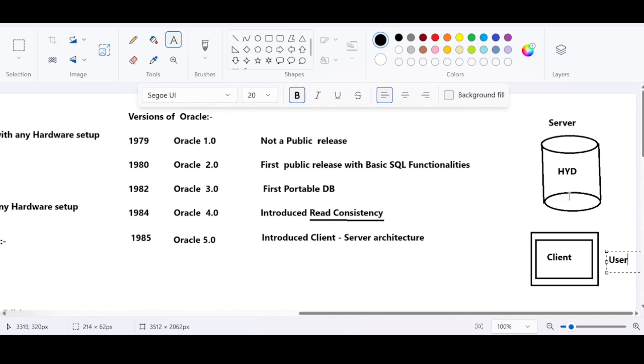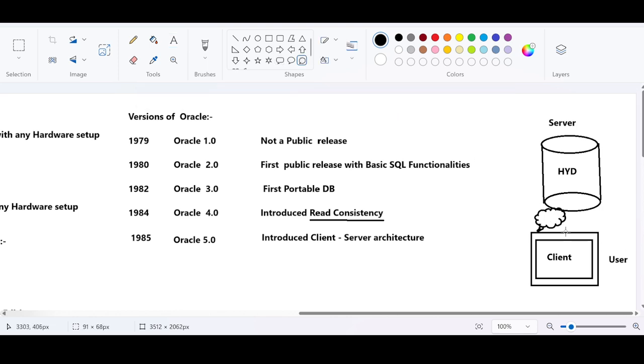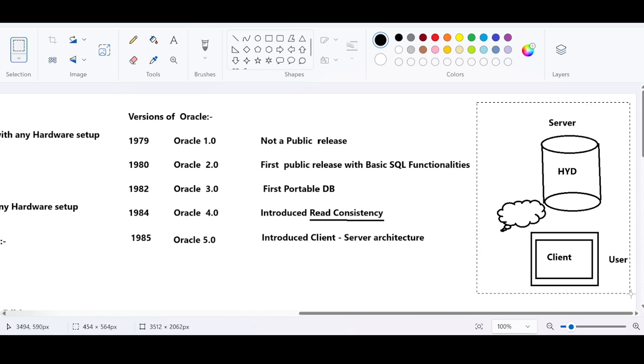It is not like both have to be on the same machine. They can be on different machines, connected physically through networking. That is called client server architecture. So this was introduced in the year 1985.